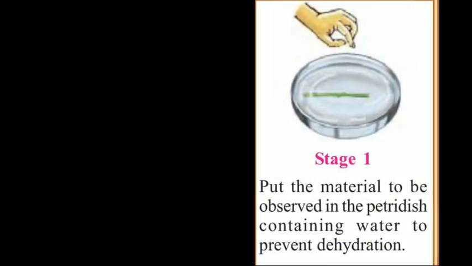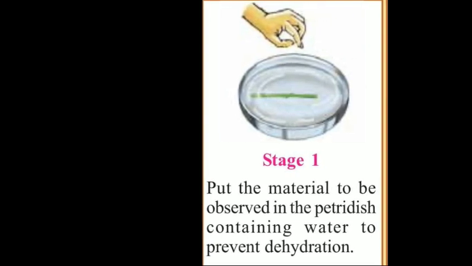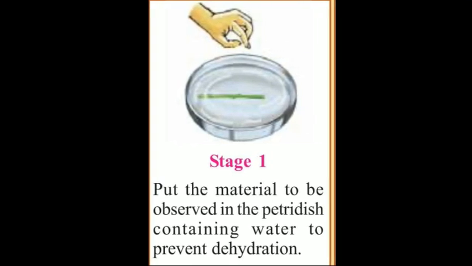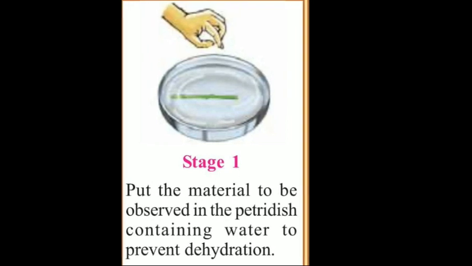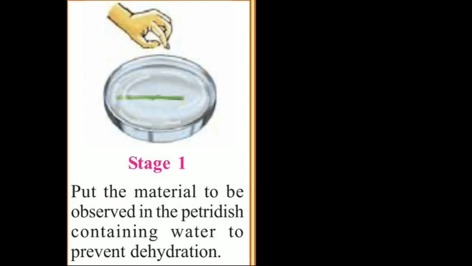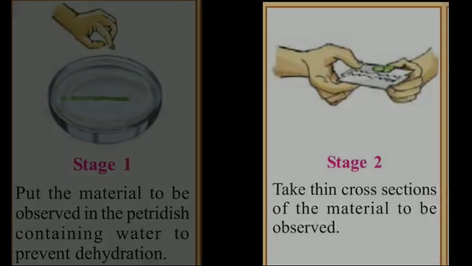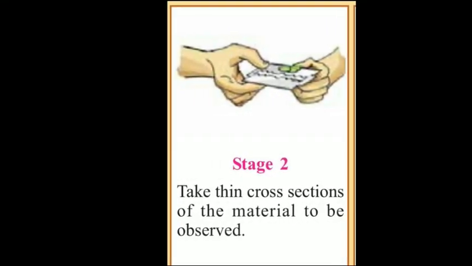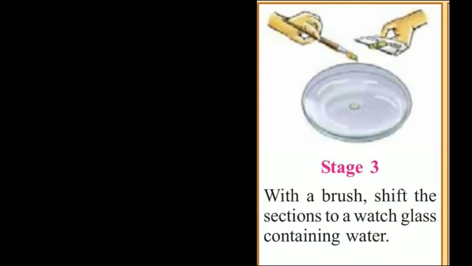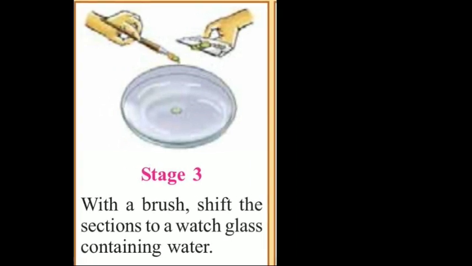Put the material to be observed in a petri dish containing water to prevent dehydration. A petri dish is like a watch glass and it contains some water to prevent dehydration of the thin cross section of that plant part. Take a thin cross section of the material to be observed. With a brush, shift the section to a watch glass containing water.